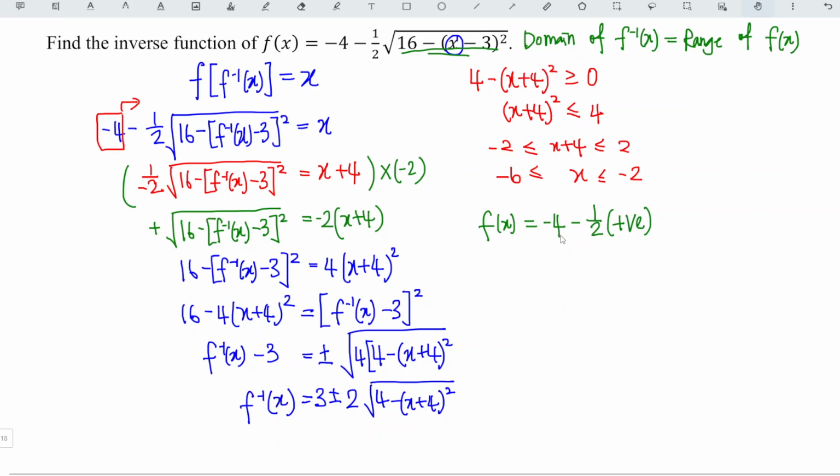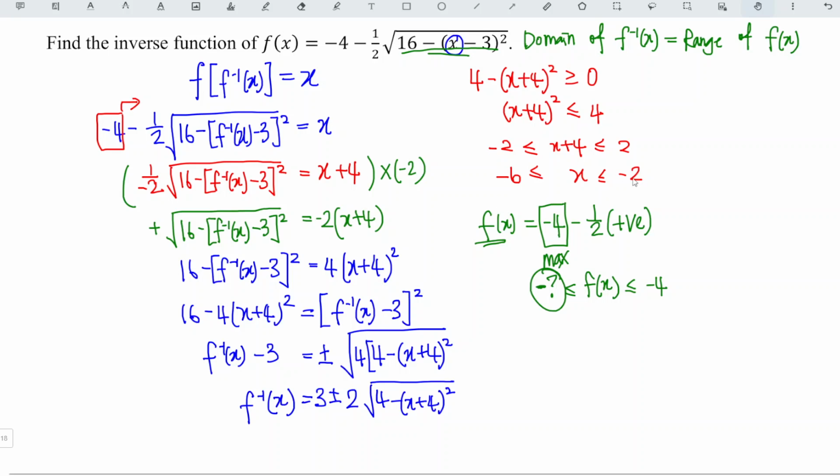For any negative value, if we minus a value, then the value will be getting smaller and smaller. So this is the maximum value of the range. So f(x) is bounded by negative 4 and some negative value. This is not important because we already determined the common range.